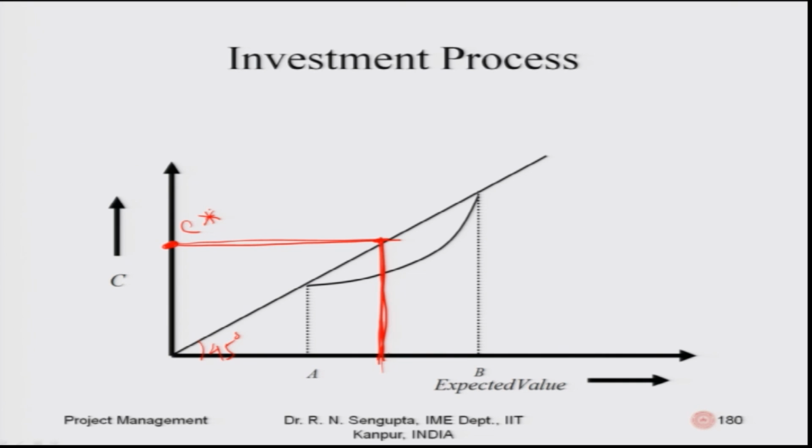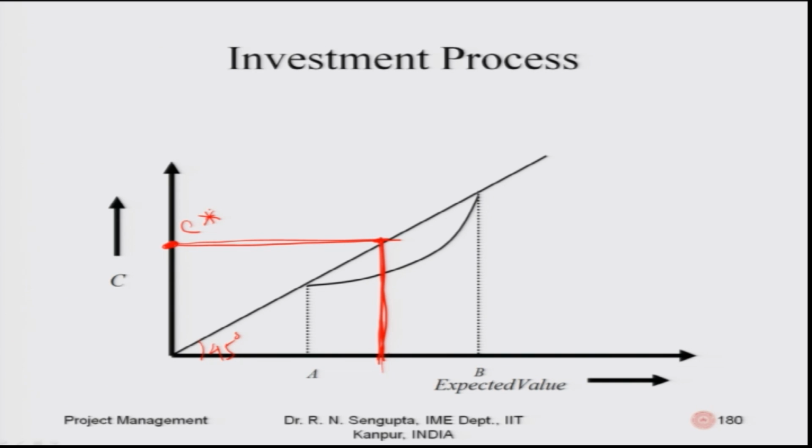Now, coming back to the conclusion of the example, I have the gamble, the values are given as A and B with probability half and half on the left hand side, and on the right hand side there is a certainty, there is no probability, and I have kept a C star value, which is known to me obviously.